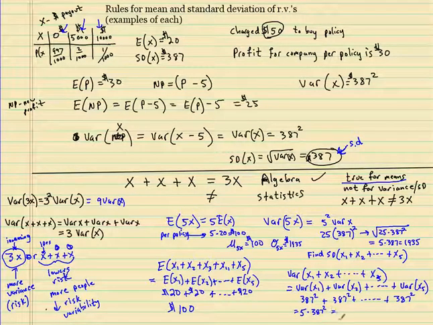Now to find the standard deviation, I have to take the square root of this. So the standard deviation of x1 through x5 equals the square root of 5 times 387 squared.